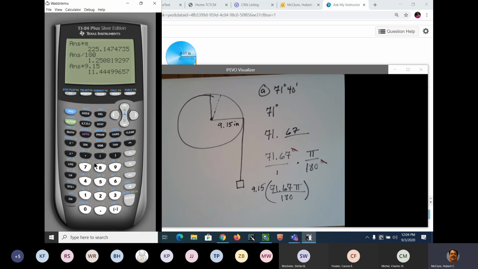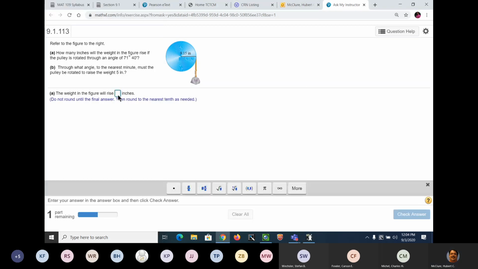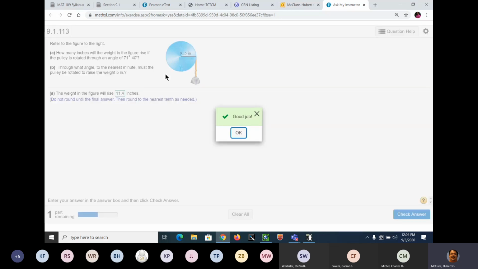I got 11.44 inches. Take my handy dandy calculator and round to the nearest tenth, 11.4. And we feel good about ourselves.